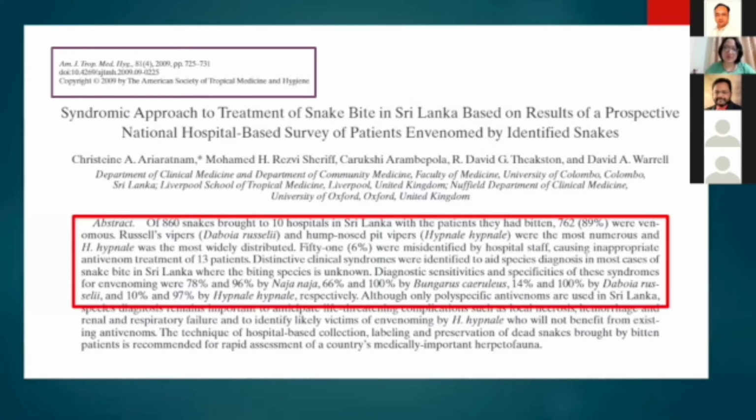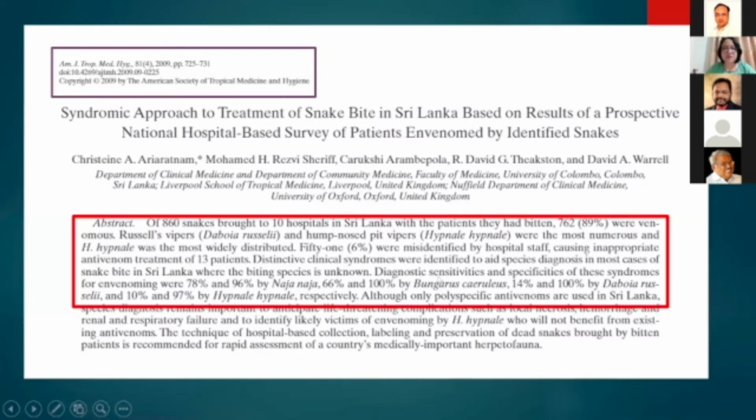in this particular study. So what I would like to mention here is that if these are misidentified, if we do not identify the snake, what we can do is use distinctive clinical syndromes.